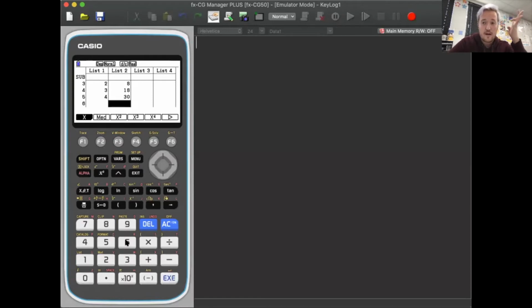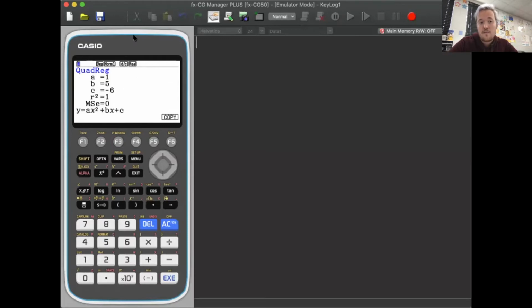So I know I'm going to have a quadratic regression, so I need to press F3 for x squared. And here's your equation. So y equals 1x squared plus 5x minus 6. So y equals just x squared plus 5x minus 6.